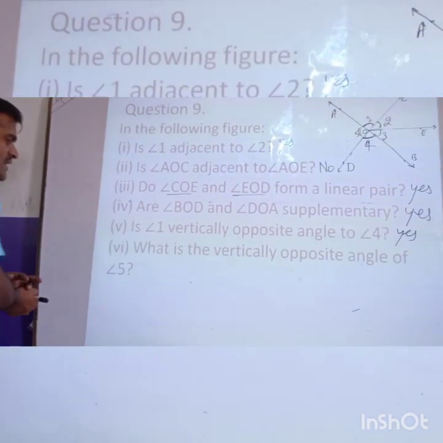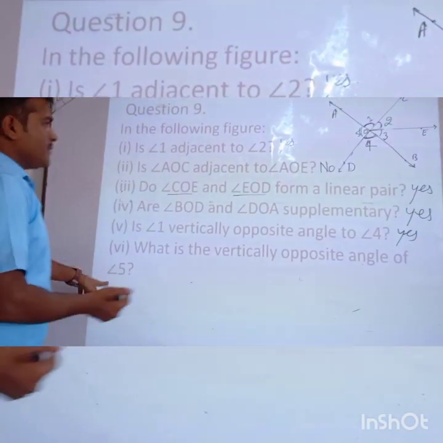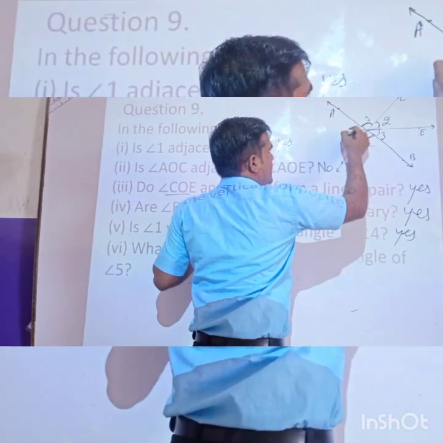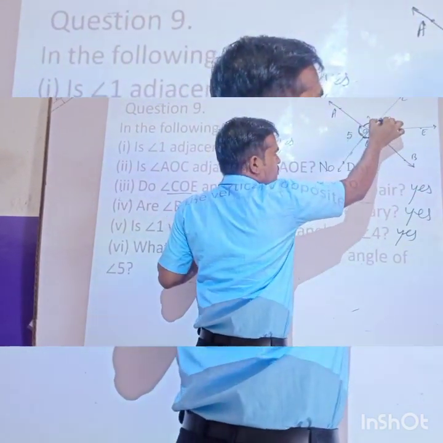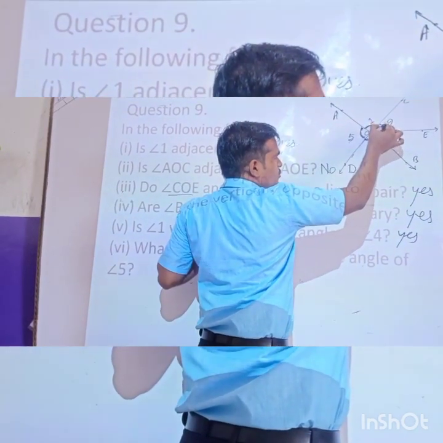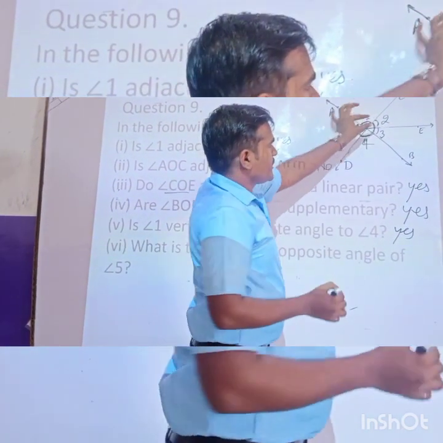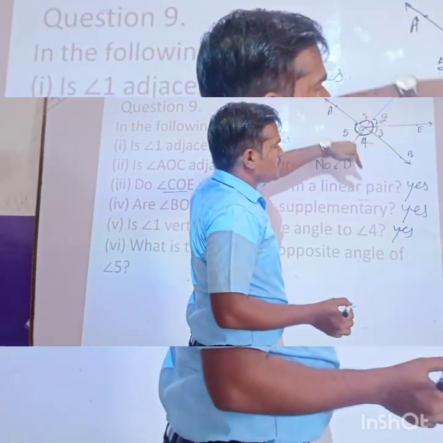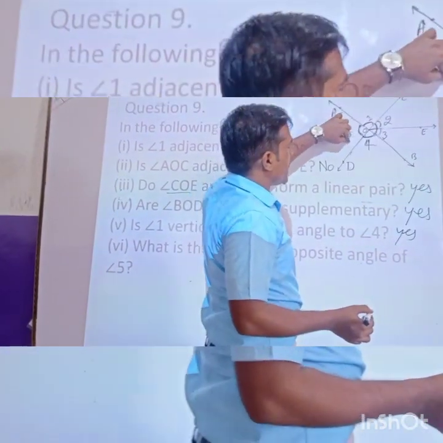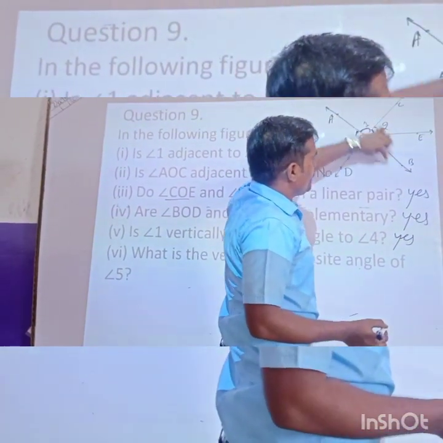But here, what is the vertically opposite angle of angle 5? This is angle 5. The vertically opposite of angle 5 is this one: angle 2 plus angle 3. Or you can say that the vertically opposite of angle 5 is COB.